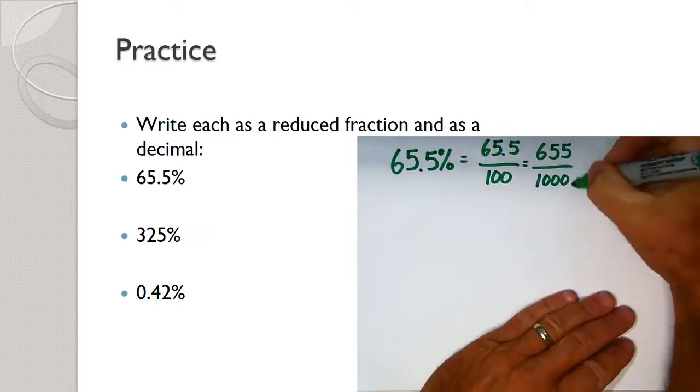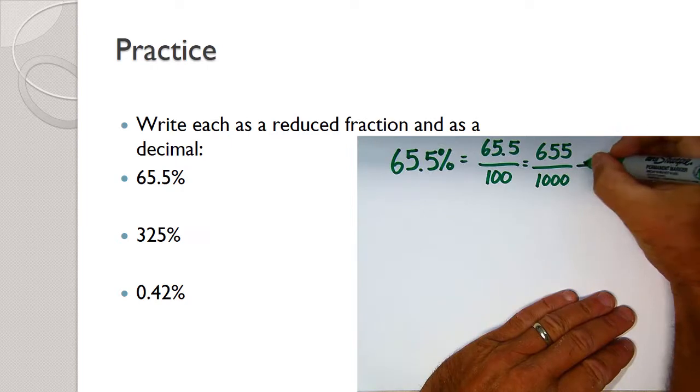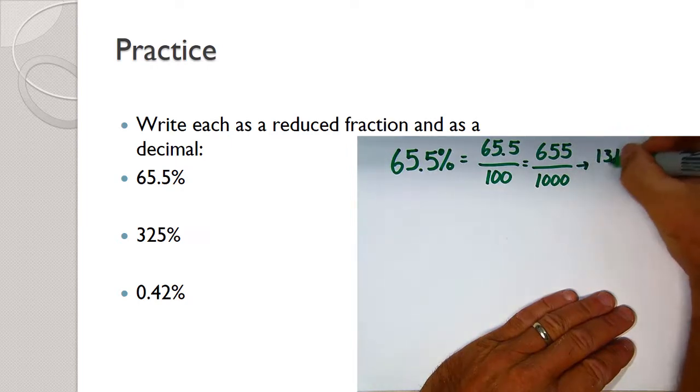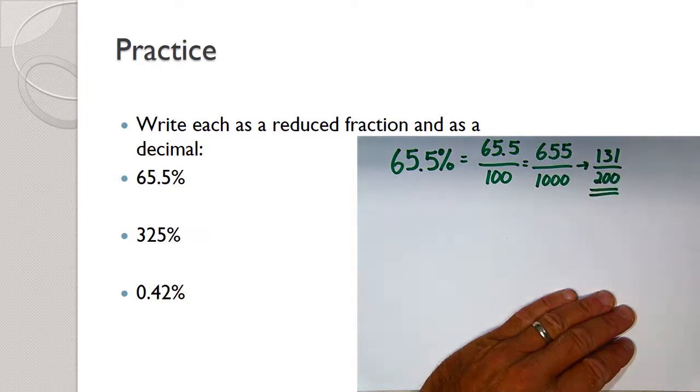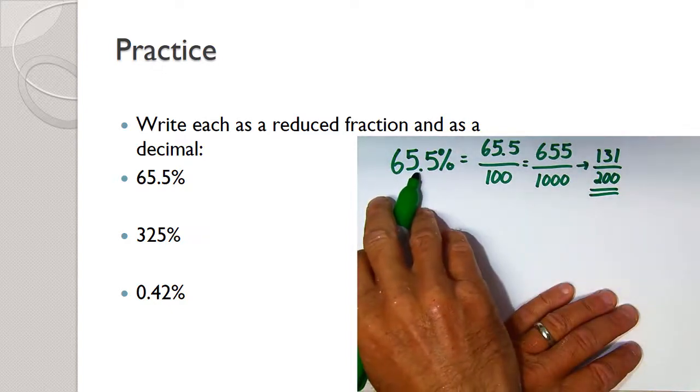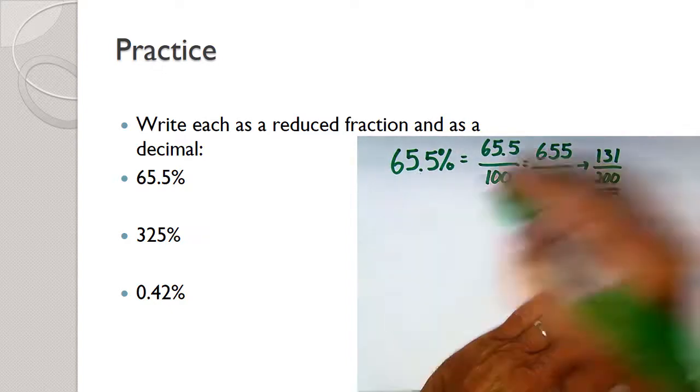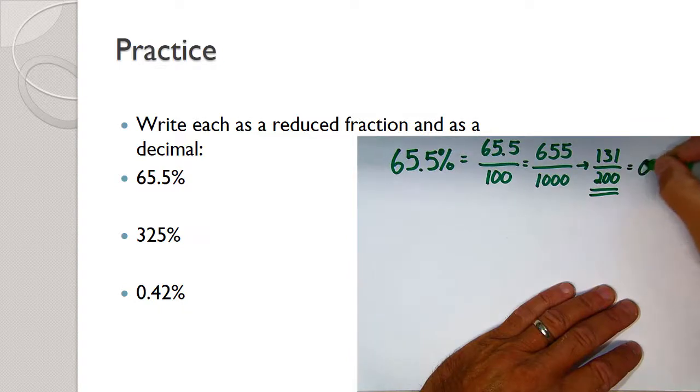Both of those numbers divide by 5 to reduce to become 131 over 200. There's our lowest terms fraction. And if you divided that on the calculator, you'll get the same thing as if we move our original decimal and our percent 2 places to the left. That becomes 0.655. Those are the two values you should get.